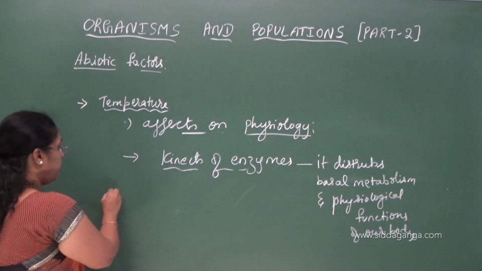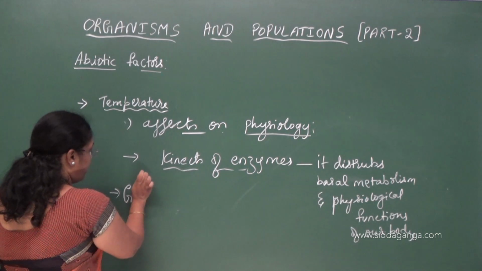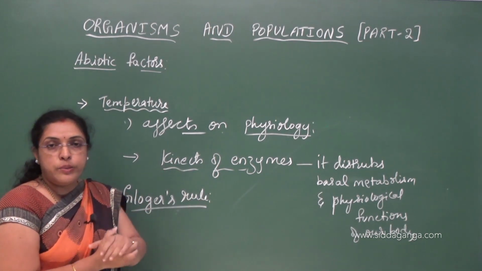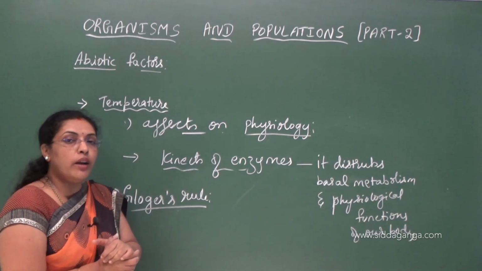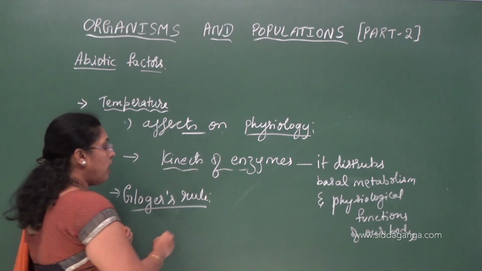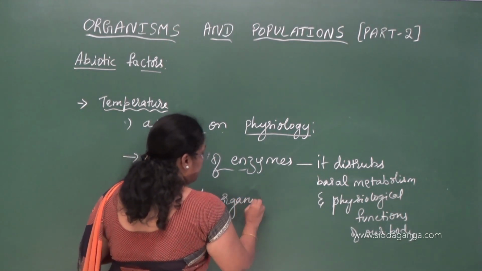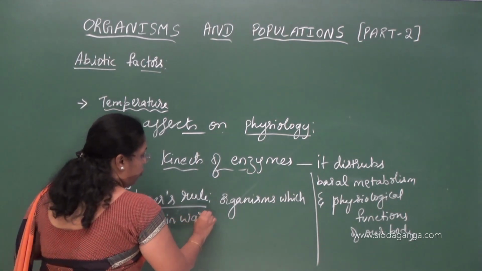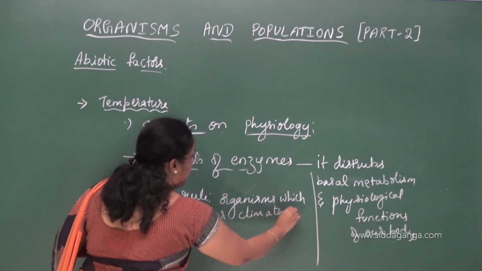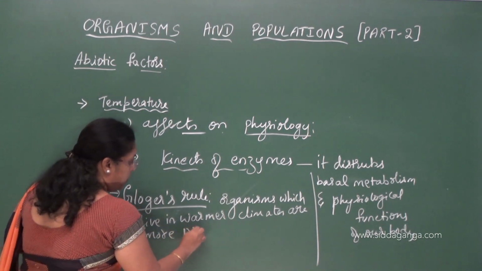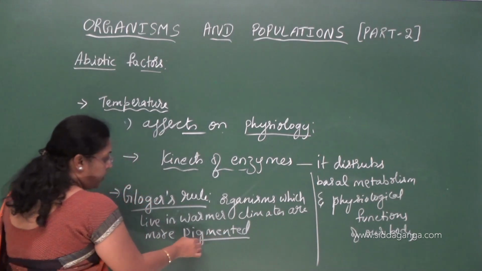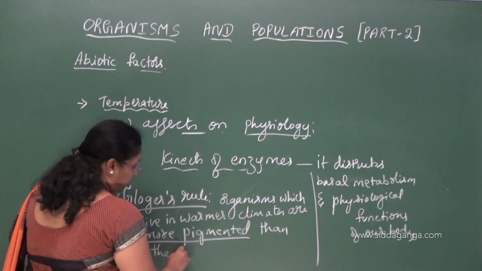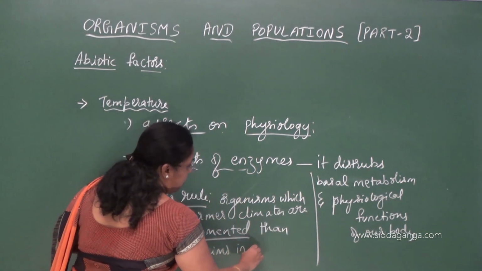One more we can tell, Gloger's rule. It tells that organisms which live in warmer climates are more pigmented than the organisms which live in colder climates, to tolerate the sunlight.